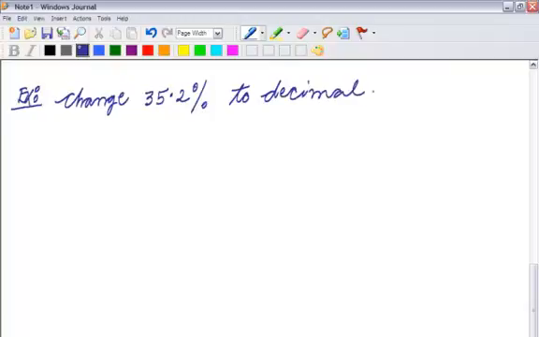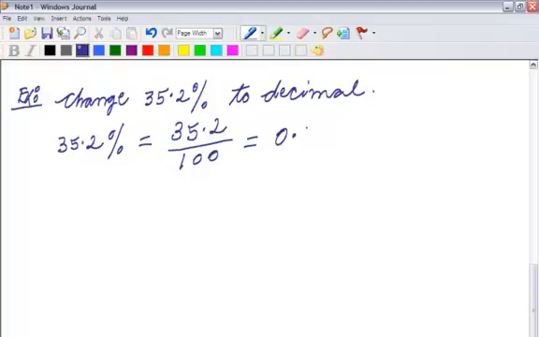Well, that should be easy. 35.2%, we know it means the same as 35.2 over 100, right? So I move the decimal point 2 places to the left, and I'm going to get 0.352. I don't even have to write the middle fraction here. If you have 35.2%, you just move the decimal point 2 places to the left in order to convert it to decimal. So converting to decimal is pretty easy.